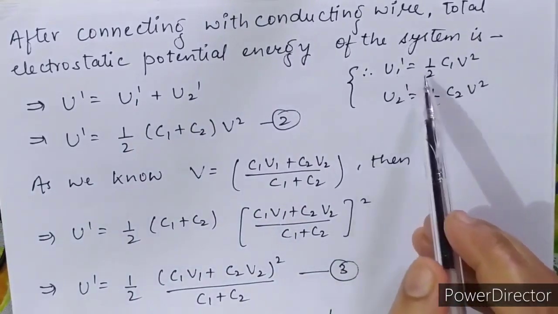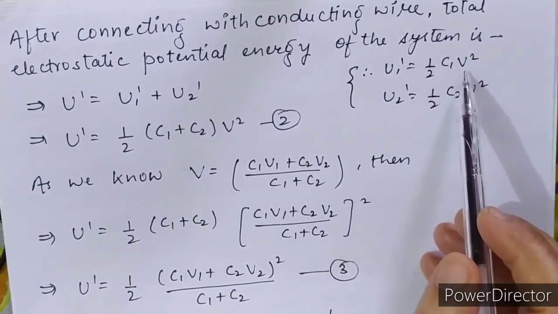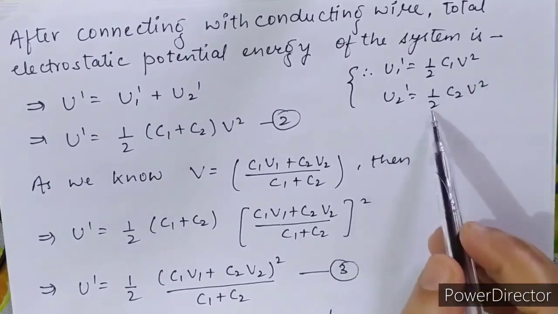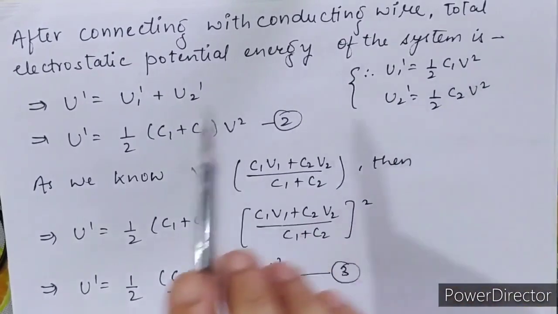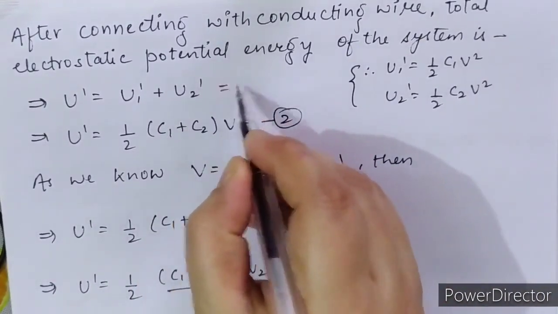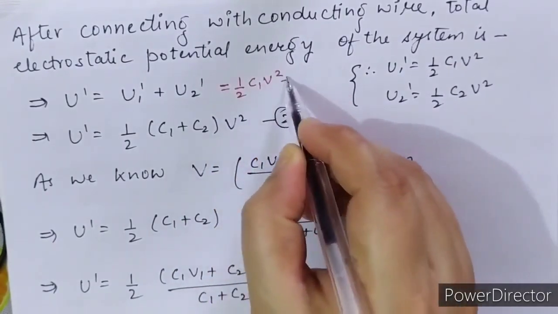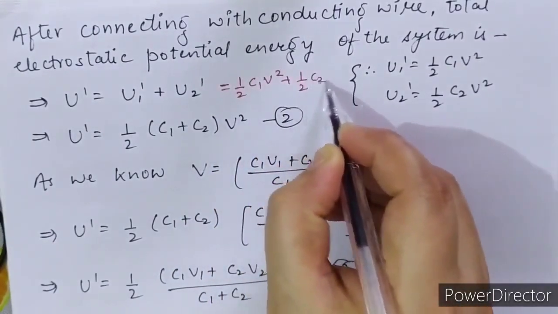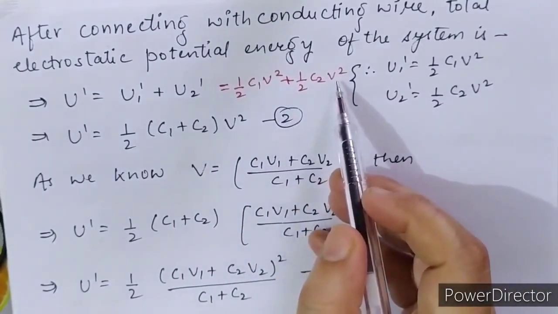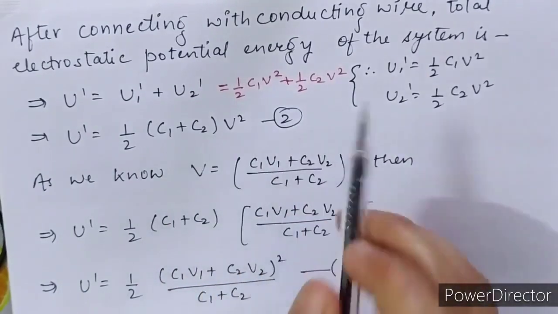So U1 dash is half C1 V square, because after connecting via conducting wire the potential becomes the same, and U2 dash is half C2 V square. Putting the values, half C1 V square plus half C2 V square. Taking half and V square as common, half (C1 plus C2) into V square, equation number 2.